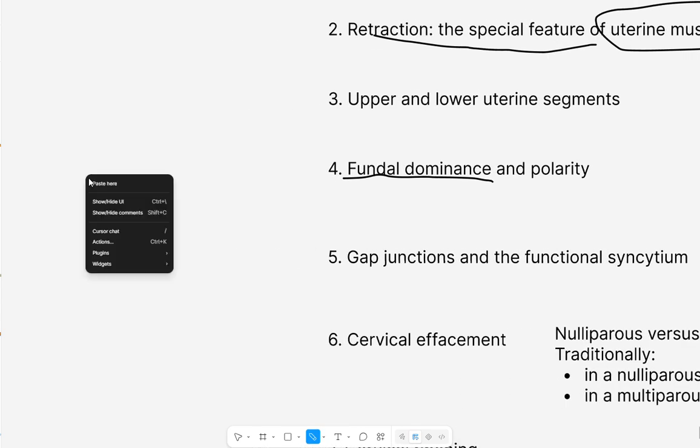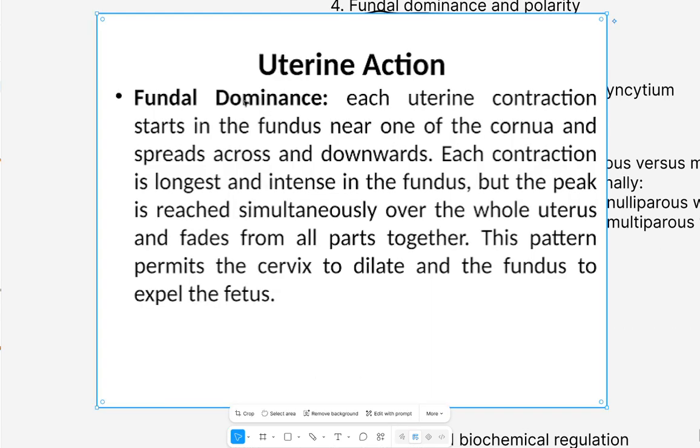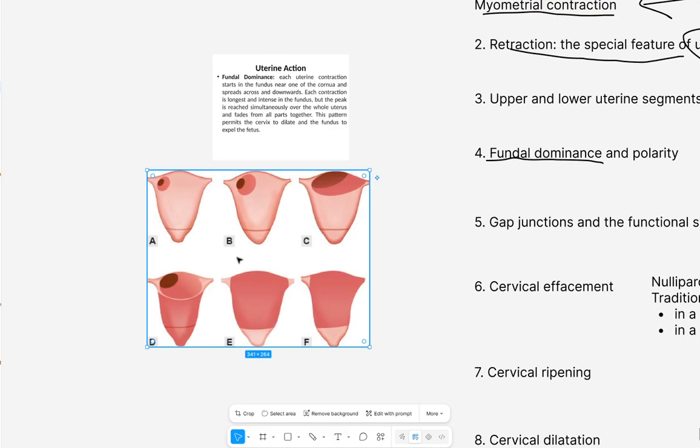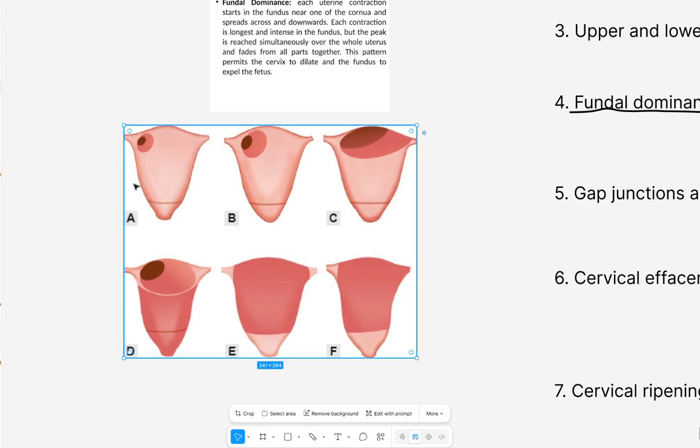Each contraction is longest and most intense in the fundus, but the peak is reached simultaneously over the whole uterus and fades from all parts together. This pattern permits the cervix to dilate and the fundus to expel the fetus.